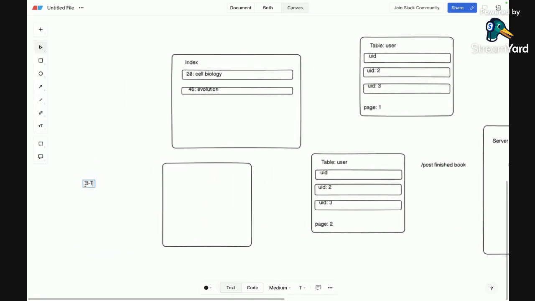So there is something called a B tree, which is the format in which it is stored. You can check on that. So then it will say UID 3 is in page 1, or I can say UID 6 is in page 2.